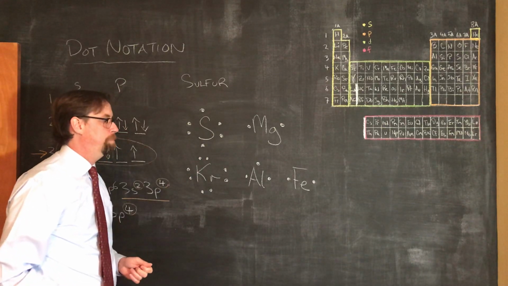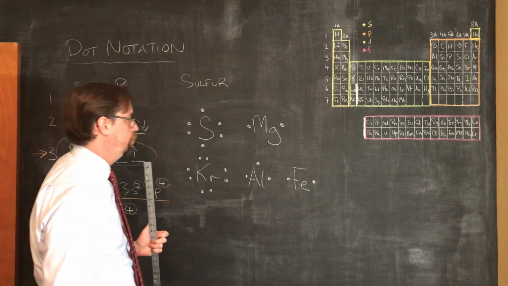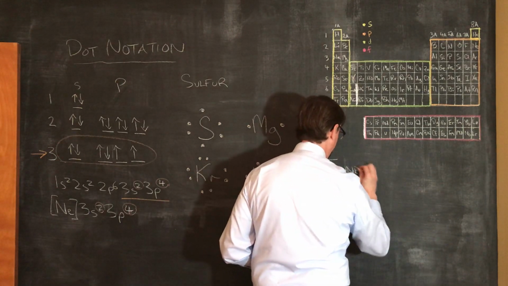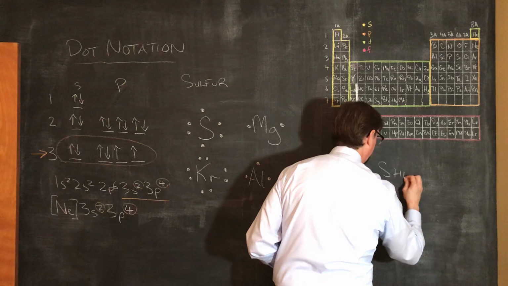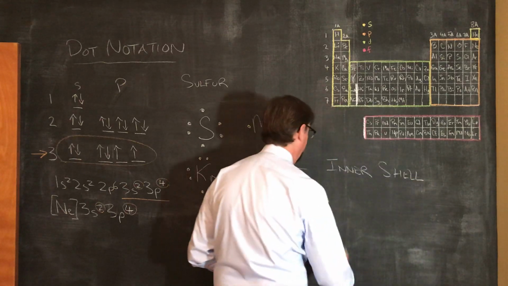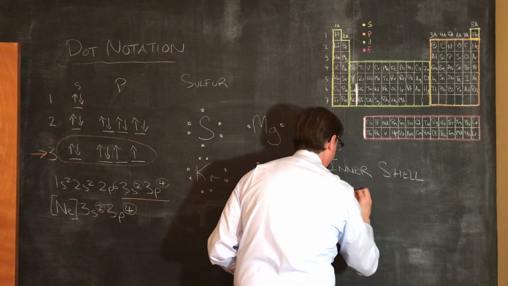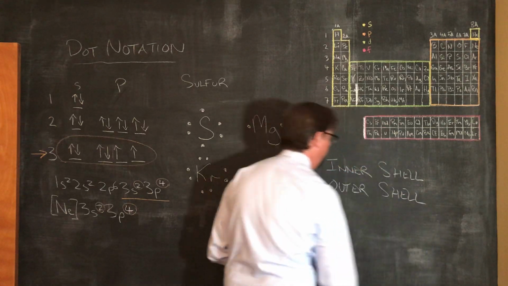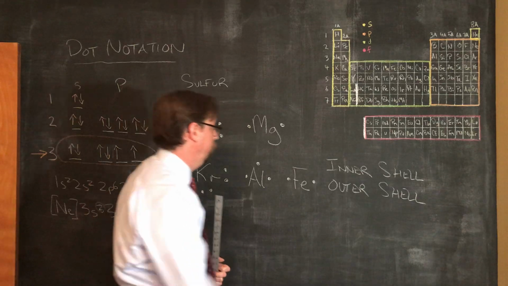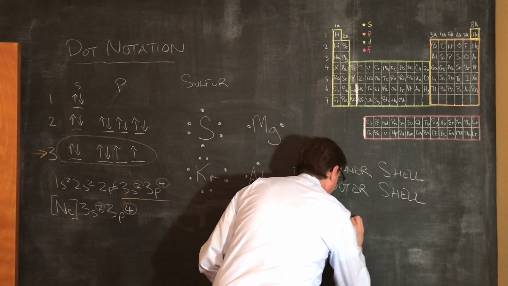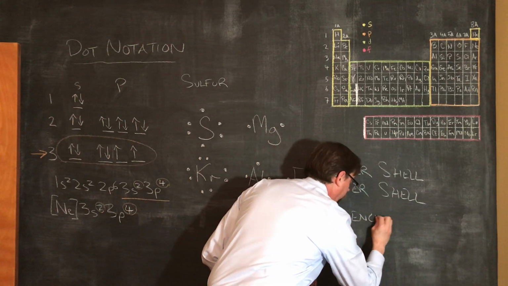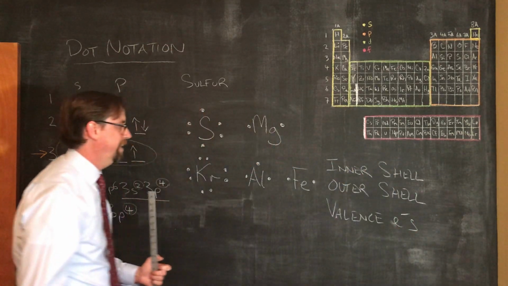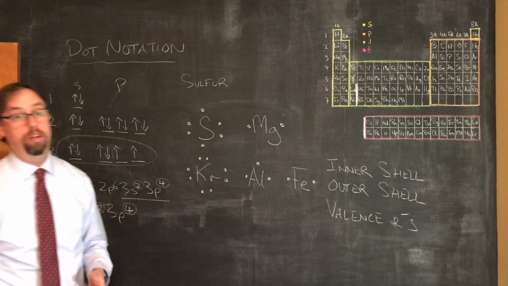I've mentioned some terms. We've talked about inner shell electrons. We've talked about outer shell electrons. And then there's another term that you'll sometimes see, called valence electrons. Valence electrons refer to any electrons that can be involved in chemical bonding.